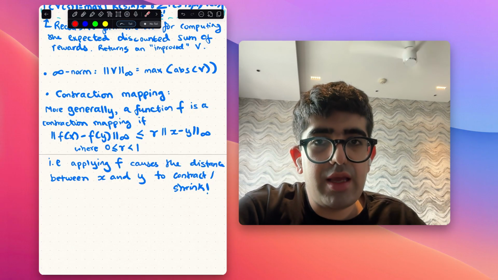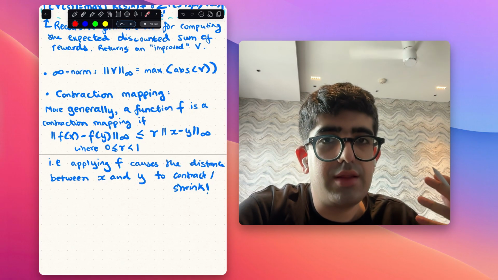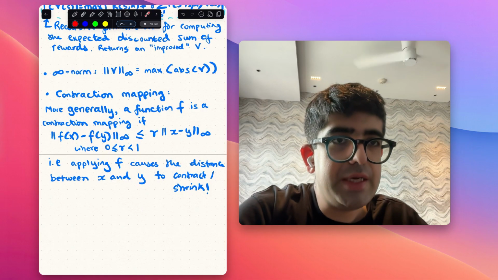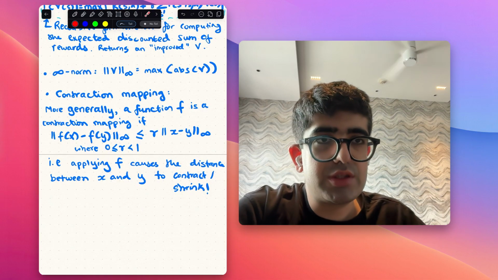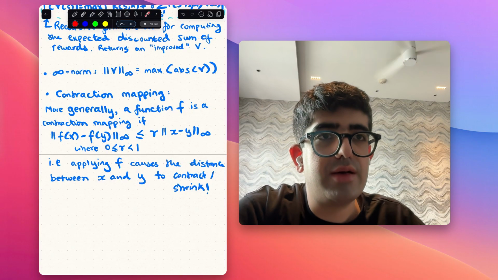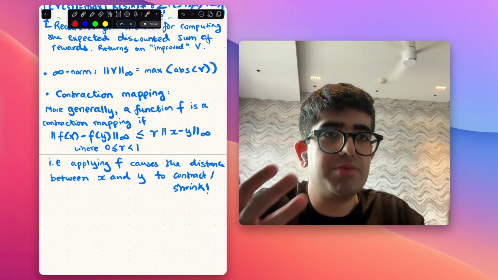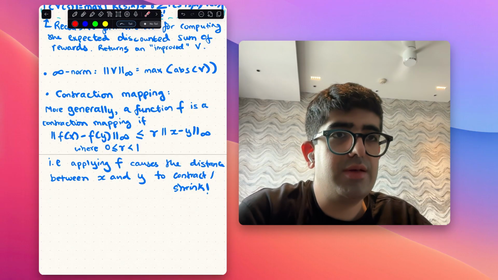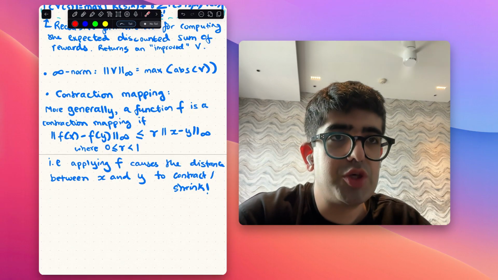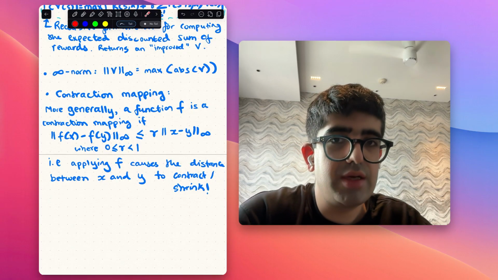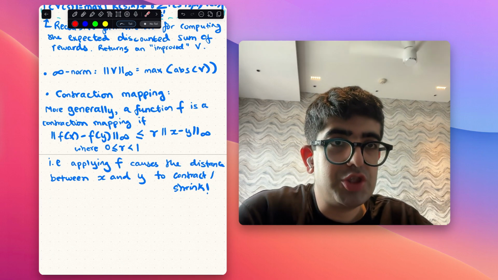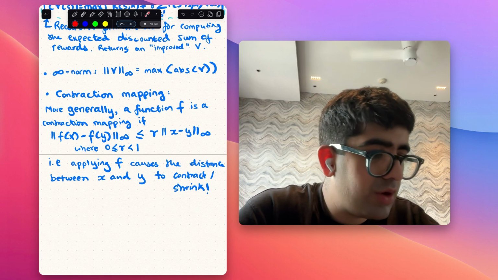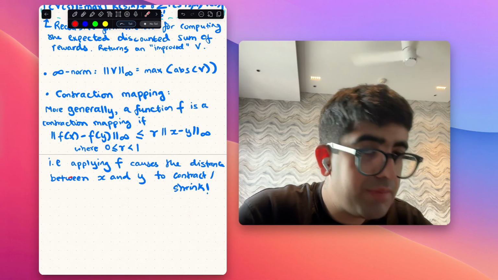So basically, if we apply this contraction repeatedly, the distance between the inputs keeps on shrinking, and it sort of gives us convergence behavior, where in every application of f, you are shrinking the distance between its inputs, and it eventually converges to a fixed point, and we will see more of that.